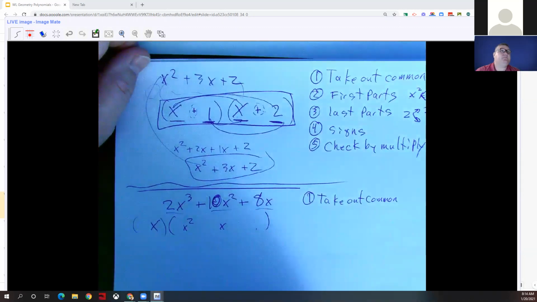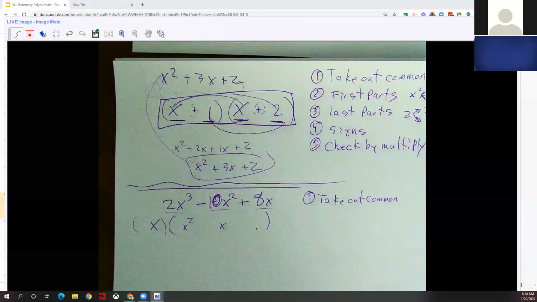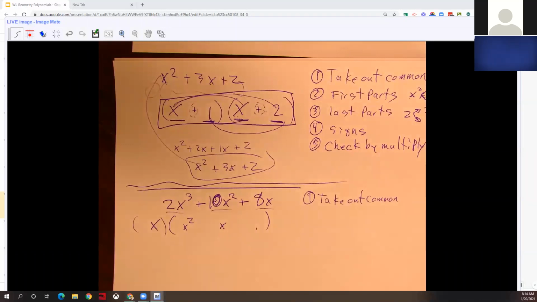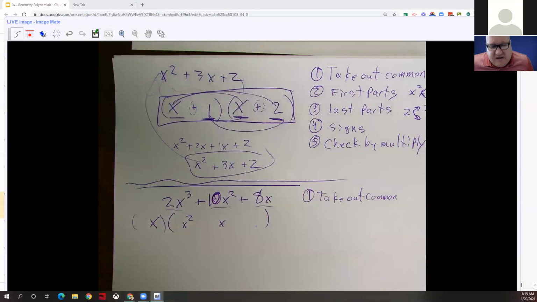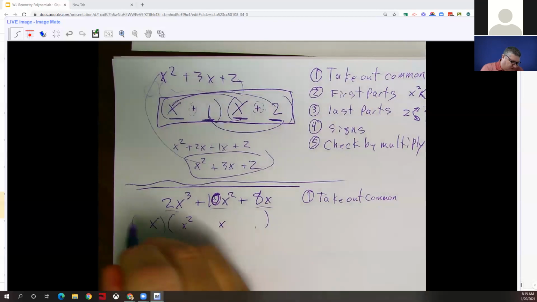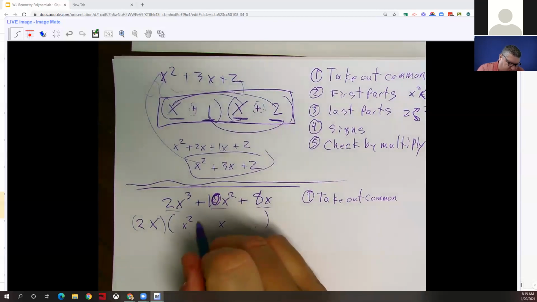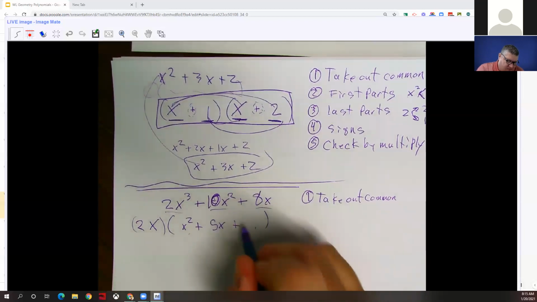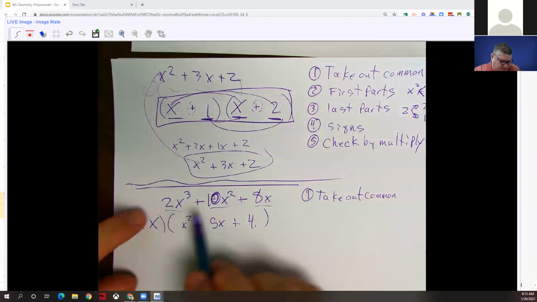What number? Two. Very good. So if I take a 2 and an x out, that leaves 1x squared plus 5x plus 4. So that is step number 1, take out common.